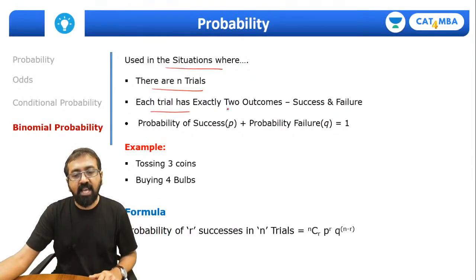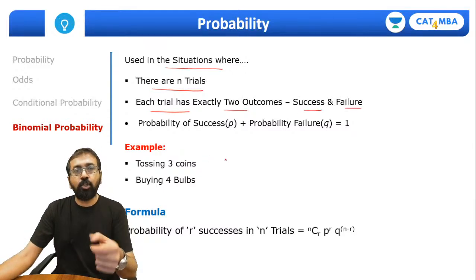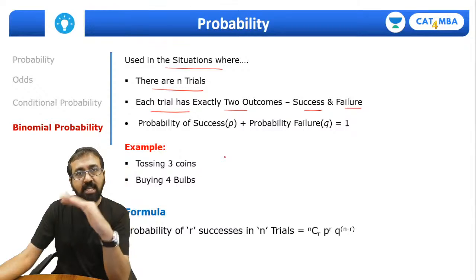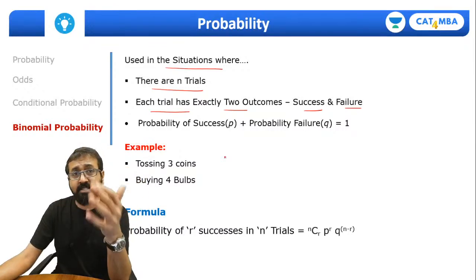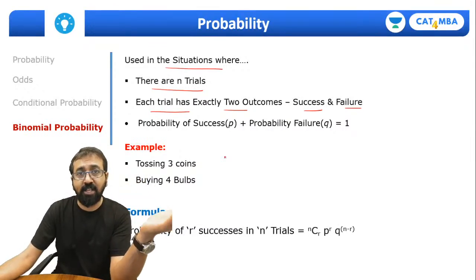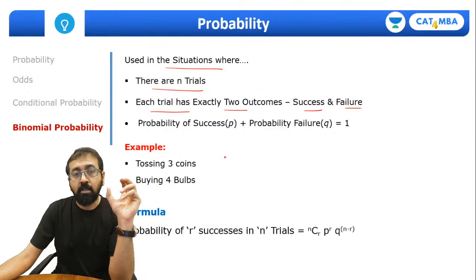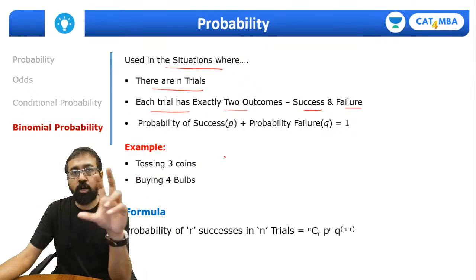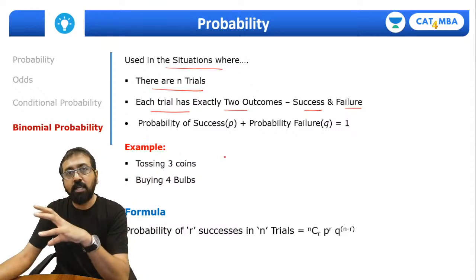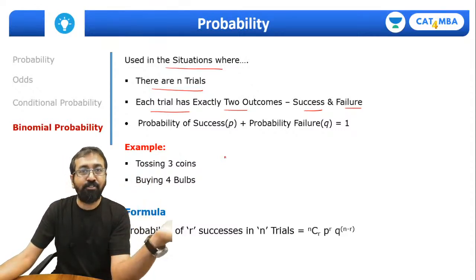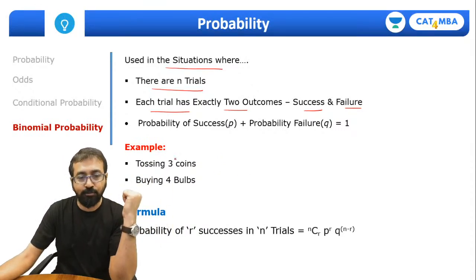Then each trial has exactly 2 outcomes, success and failure. When I toss a coin, there will be 2 outcomes, head and tail. Let me call getting head a success, so automatically getting tail is a failure. When I buy a bulb, the bulb may be working or it may be defective. So getting a working bulb is called success, getting a defective bulb is called failure, and so forth.